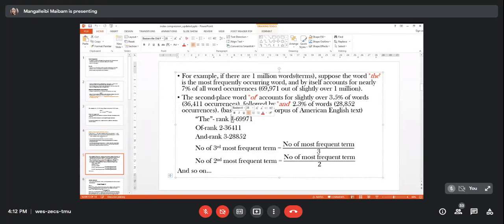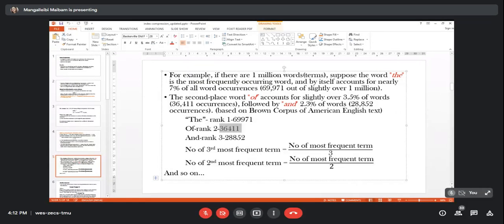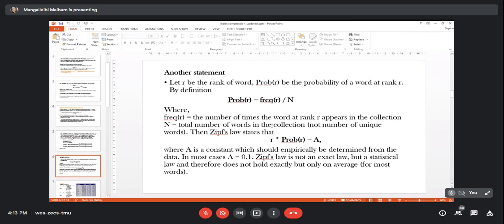So it is an inverse relation. And this other term has rank 2 and this number of document frequency. So this we have seen, and the calculation also we have seen here.